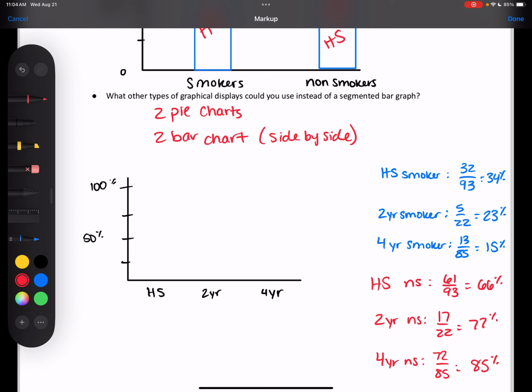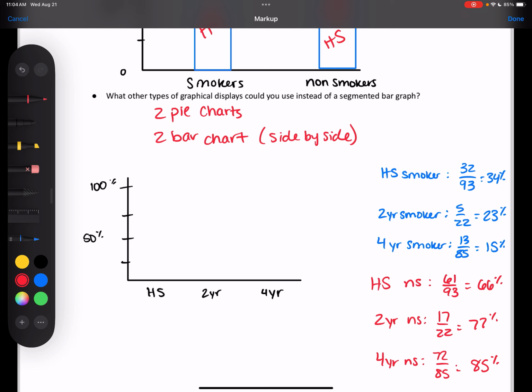Are you looking at the ones that are written in blue versus the ones written in red? Mm-hmm. So that's where some people will get confused. Because normally we say, okay, well, it's all out of this one thing. But what we actually have to look at now is both high school numbers. So high school smoker and high school non-smoker, 34 plus 66 is 100. So that's where they're adding up to 100 in this case versus the other way that we did them.